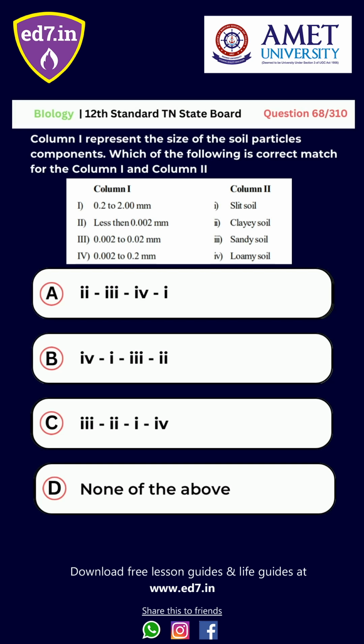Column 1: 1. 0.2 to 2 mm, 2. less than 0.002 mm, 3. 0.002 to 0.02 mm, 4. 0.02 to 0.2 mm. Column 2: 1. silt soil, 2. clay soil, 3. sandy soil, 4. loamy soil.